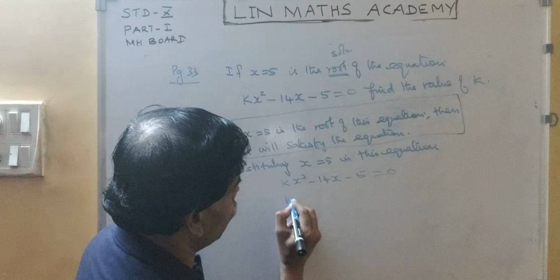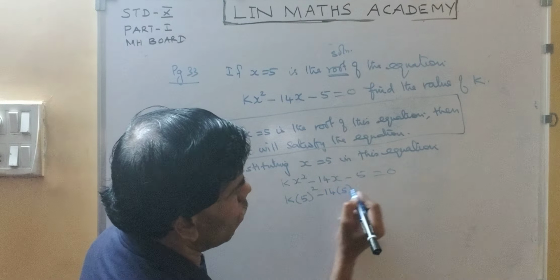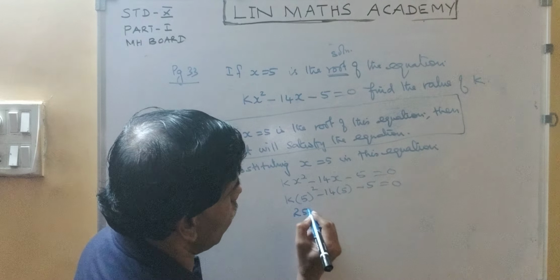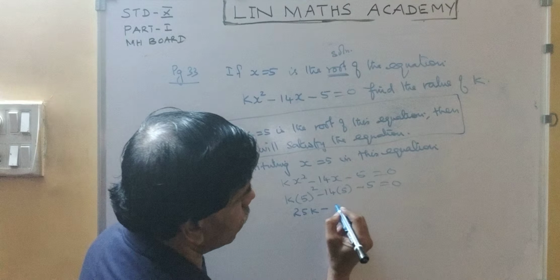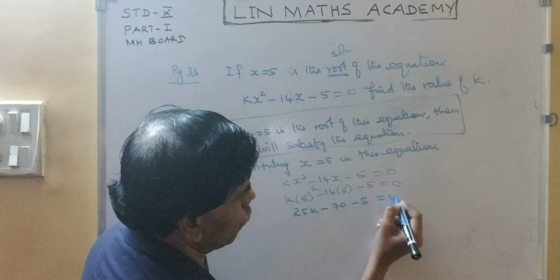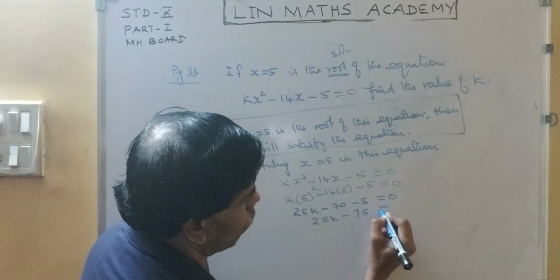So, kx square minus 14x minus 5 equal to 0. So, k into 5 square minus 14 into 5 minus 5 equal to 0. So, 25k minus 70 minus 5 equal to 0. So, 25k minus 75 equal to 0.